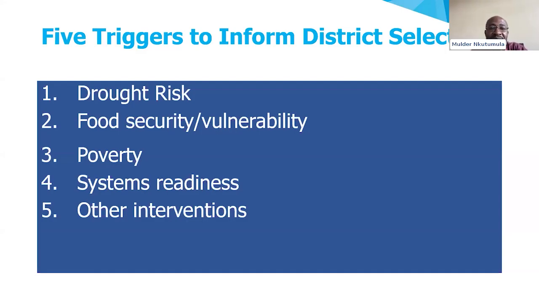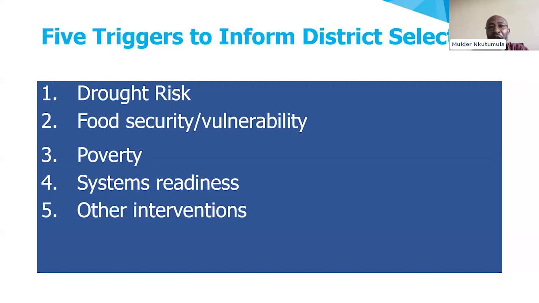When we were designing this program, we also looked at system readiness. Here we're talking about the delivery channels and delivery systems. For example, is the Malawi Social Registry 100% updated in that district?